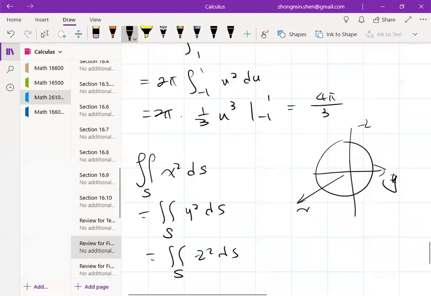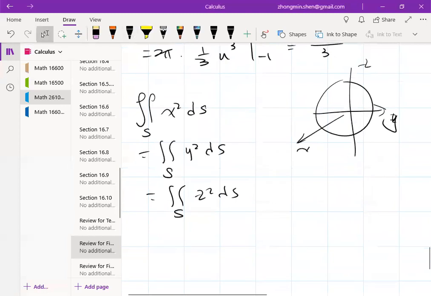Do you agree? Yeah, because x, y, z are in equal position, almost, by the symmetry of the sphere. That's great. So they're all equal, right?